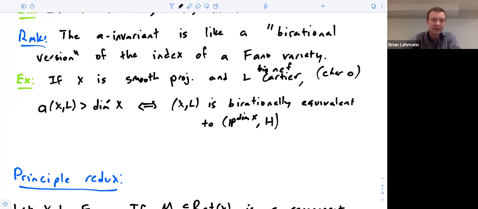So this is sort of getting at a general phenomenon. The larger the Fujita invariant is, the more special your variety is, just like for the index. So when the Fujita invariant is very large, you can do some sort of classification. In general, this principle sort of helps us to understand what it means.